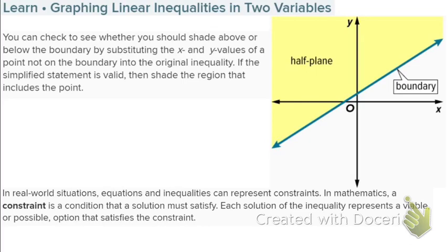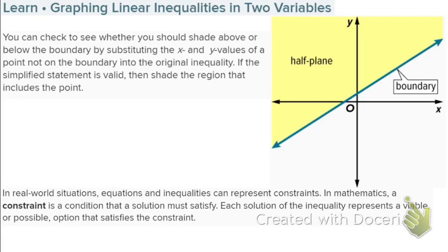If I was trying to figure out which side of the fence to paint, and so I stood on top of one of the posts, would that help me figure out whether to shade this side or that side? No. I have to be clearly on one side or the other side of the boundary if I'm trying to figure out which side I'm going to paint. So I don't want to pick anything that is exactly on my line.